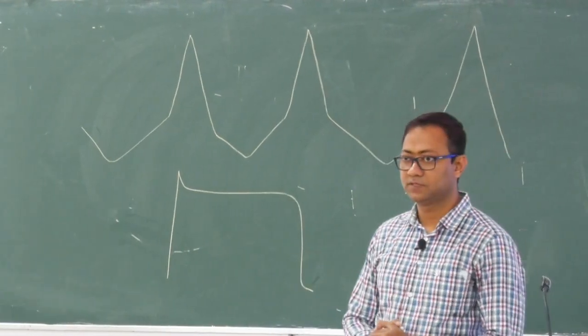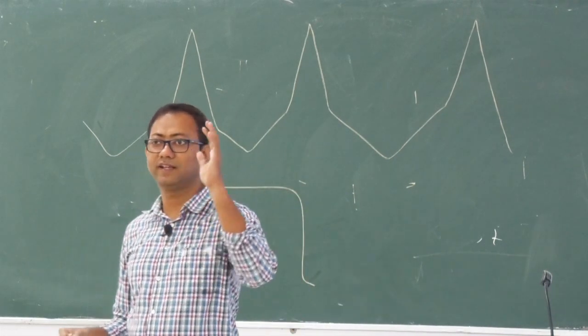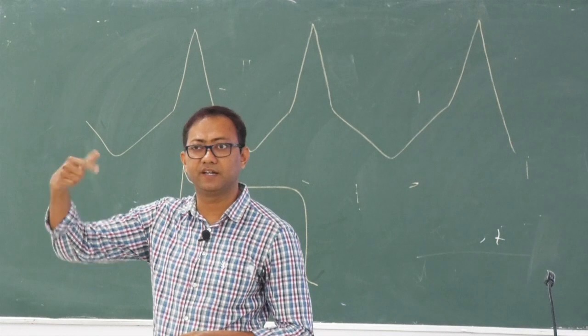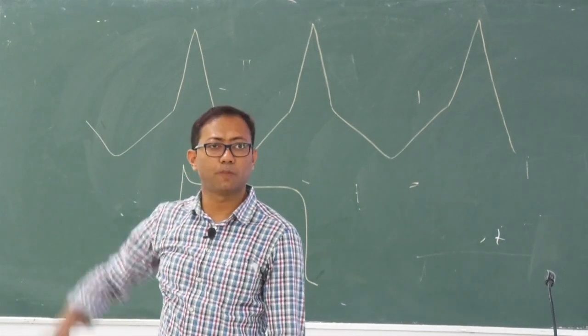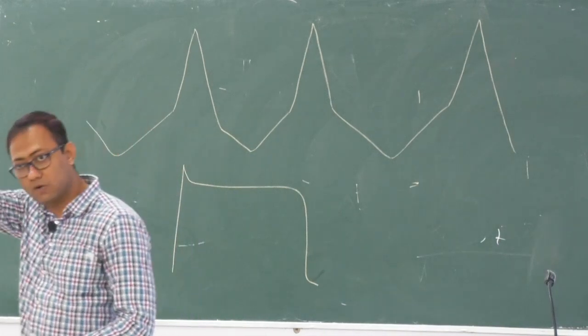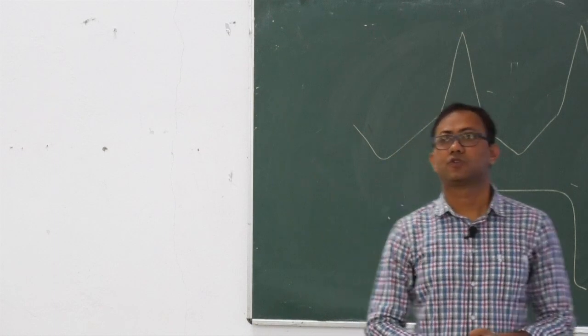I guess all of you have studied the ionic basis of action potential in the neuron or the skeletal muscle. The upstroke is due to opening of the sodium channel, and the downstroke is due to opening of the potassium channel.